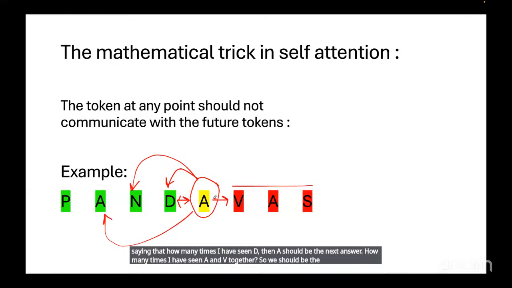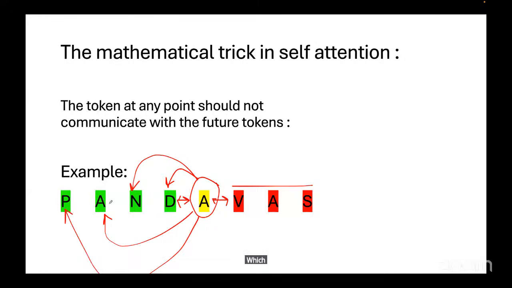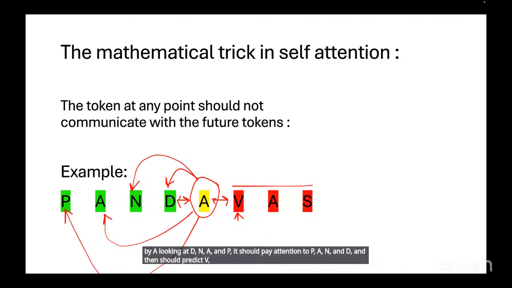It was only predicting on the basis of frequency, how many times these two occur with each other. But with self-attention, we also want it to learn which character it should pay attention to, so that V should be the next possible answer, right? It should be able to predict V by A looking at D, N, A, and P. It should pay attention to P, A, N, and D, and then predict V, not just look at the last character, right?